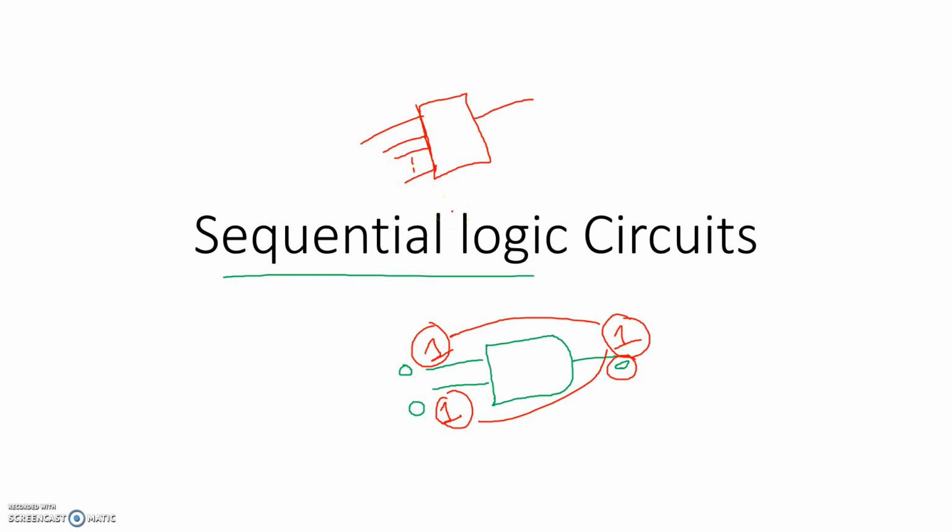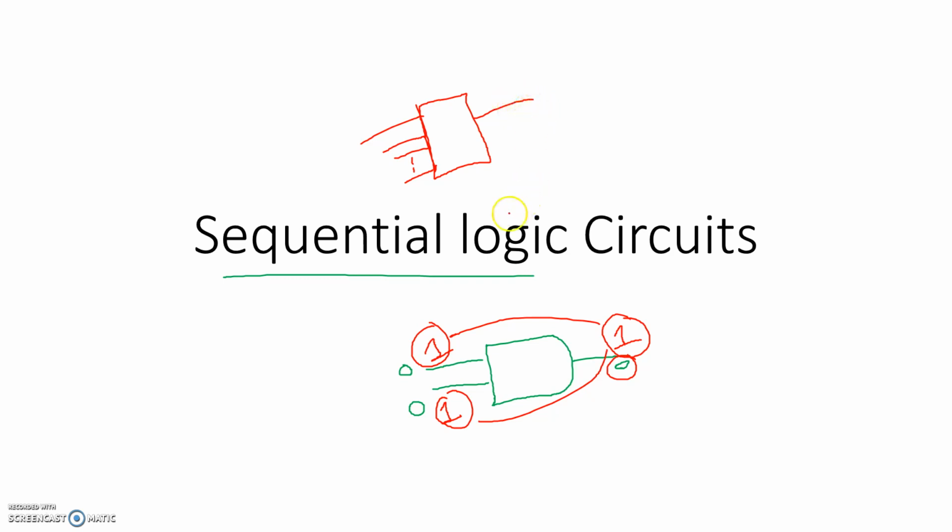Now suppose you want to make a circuit whose present output depends on the present input as well as the past output. Then what to do? Obviously you need one memory element which will store the past value, so that when the present input comes, with the combination of present input and the past output stored in that memory block, we can determine the present output.